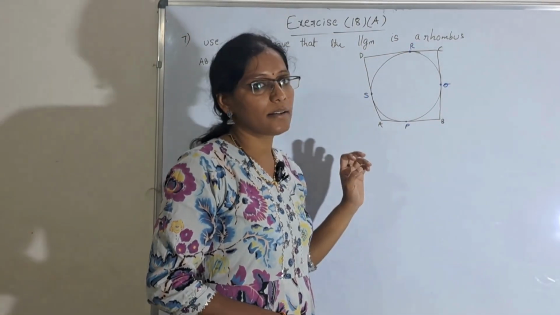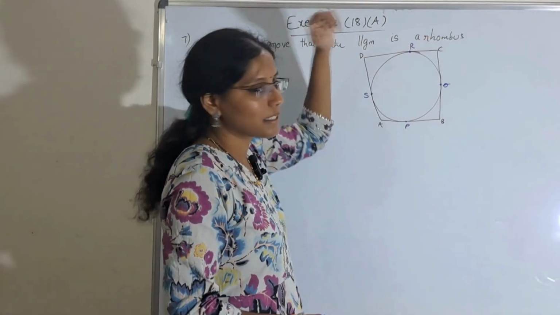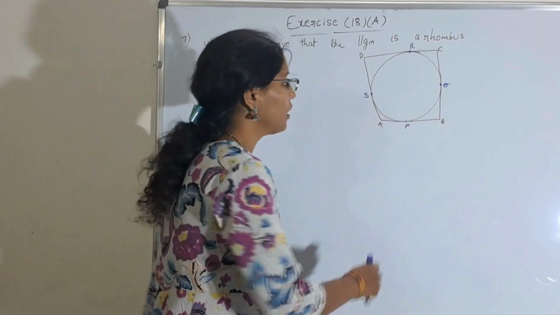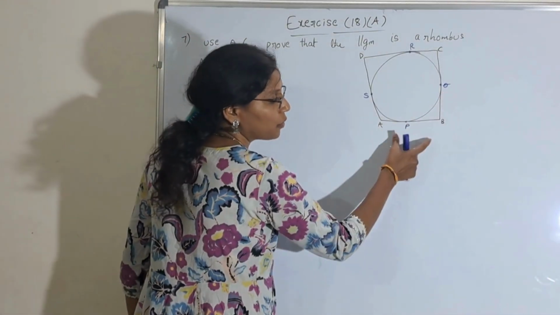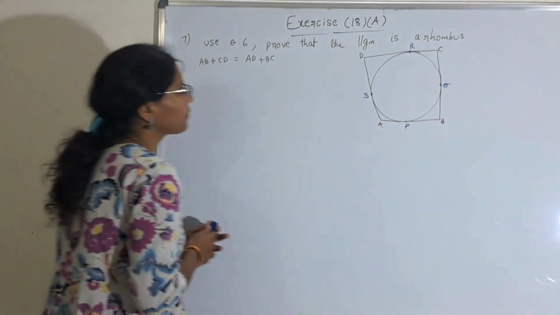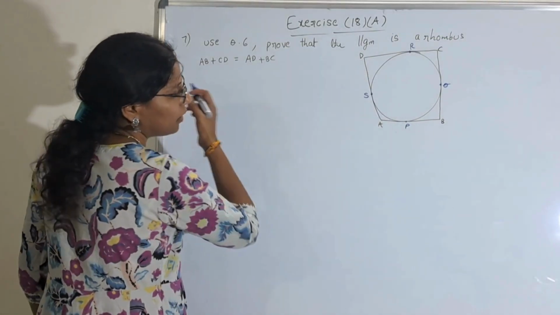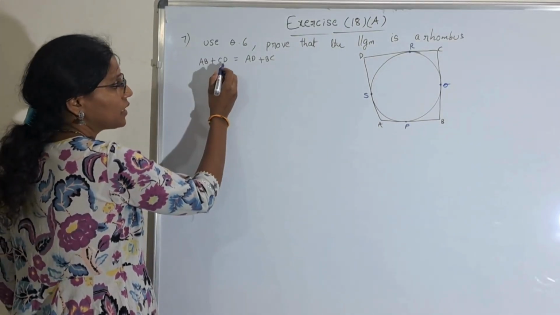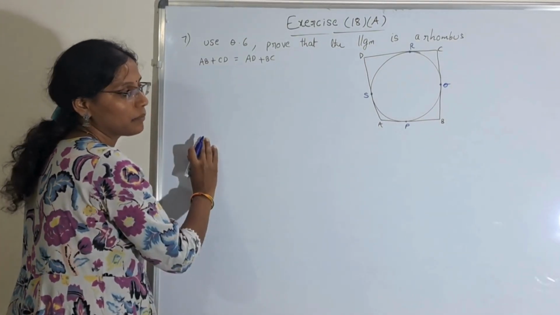First parallelogram conditions, opposite sides are equal. Rhombus conditions, all sides are equal. So all sides means we have to prove any two sides equal. Here, this condition, question number 6 condition, here AB plus CD is equal to AD plus BC.